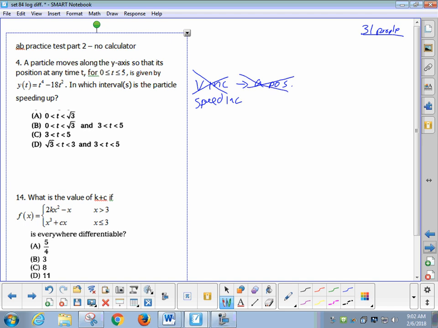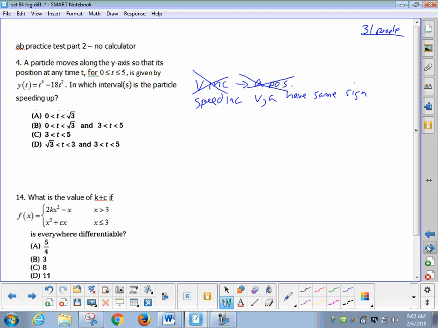You look at when velocity and acceleration have the same sign. Speed is increasing if velocity and acceleration have the same sign. If you're moving negatively and you are accelerating negatively, or if you're moving positively and you're accelerating positively, you would need to find zeros of both the first and the second derivative and then figure out where they have the same sign.